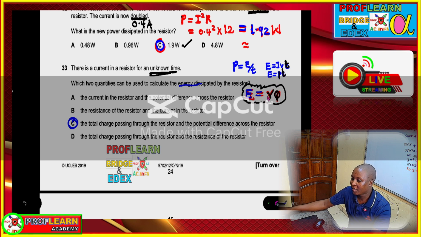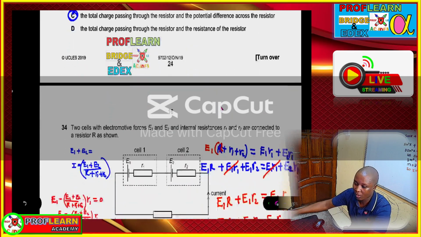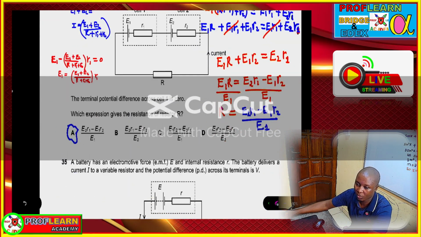Another formula for energy is voltage times charge, potential difference times charge. The first formulas cannot help us because we don't know time. So the best way is potential difference times charge: the total charge passing through the resistor and the total potential difference across the resistor is the best way to work out this question.